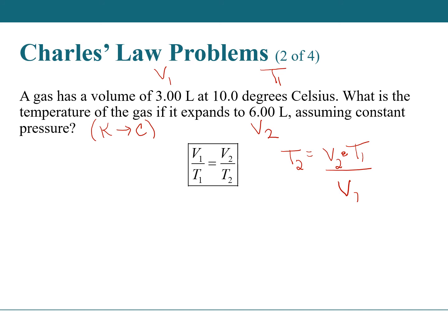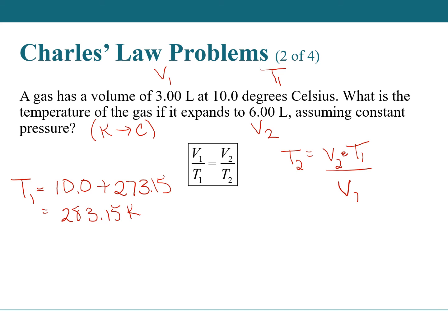So let's get all our values. First, T1 in Kelvin is equal to my Celsius plus 273, say plus 0.15. So that'll be 283.15 Kelvin. T2 we don't know. We're going to find it and then convert.